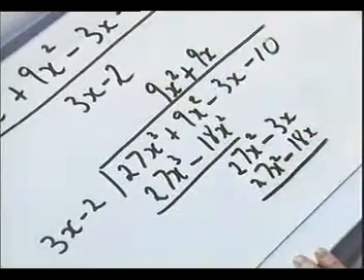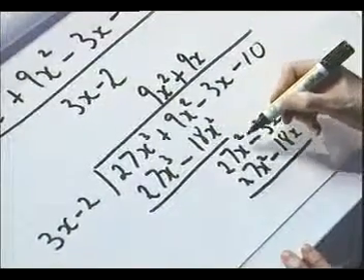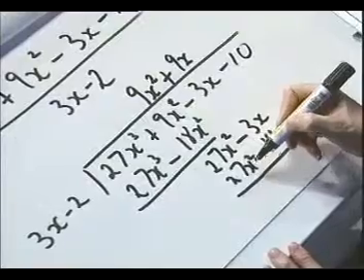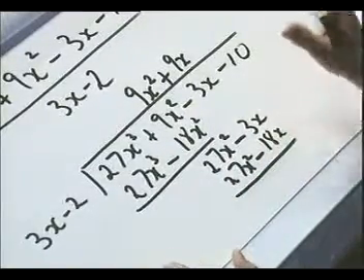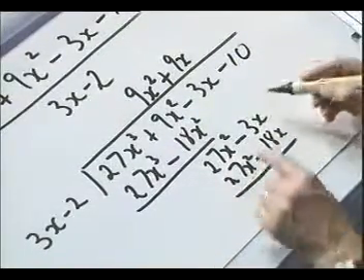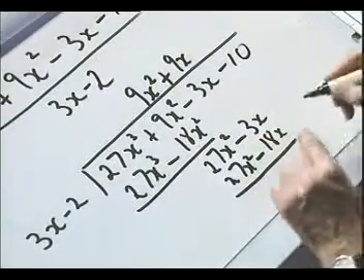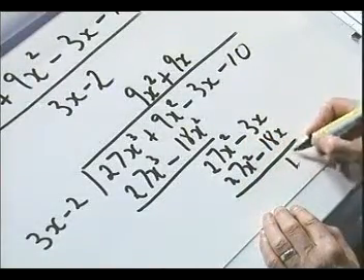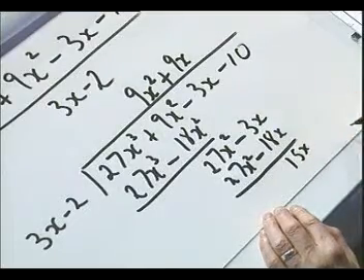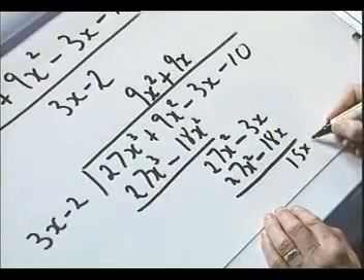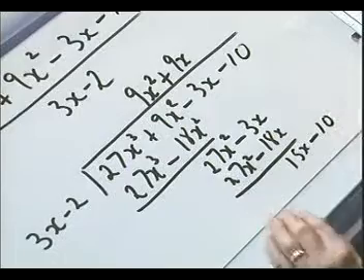And we subtract again. 27x squared, take away 27x squared. No x squareds, but we arrange for it to be like that. Minus 3x minus minus 18x. Well, that's going to give us plus 15x altogether. And then we bring down the minus 10.